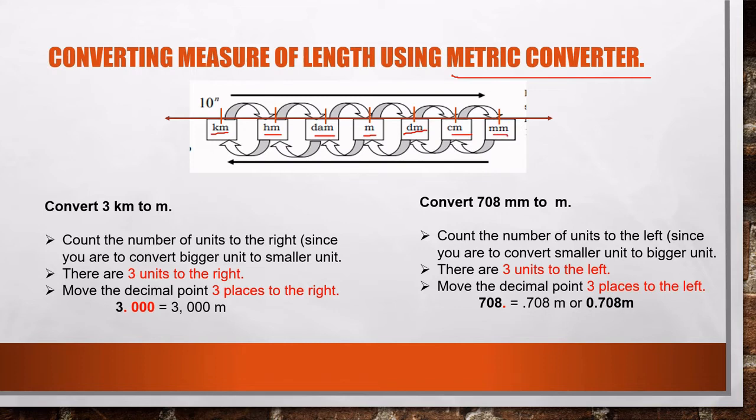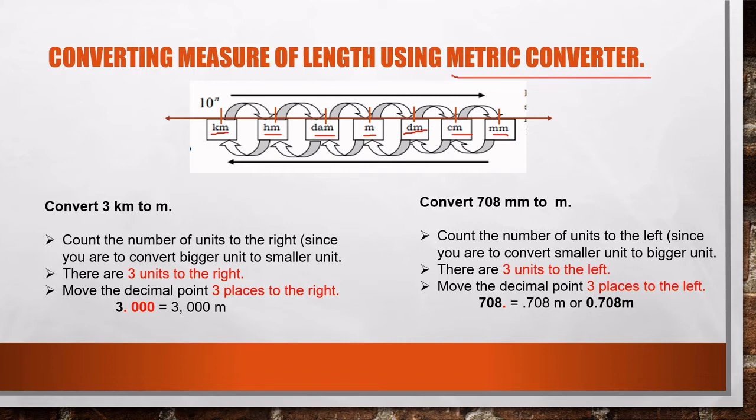So as you are moving from left to right, that is bigger unit to smaller unit. As you move from right to left, that is smaller unit to bigger unit.